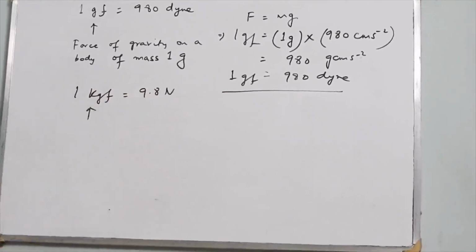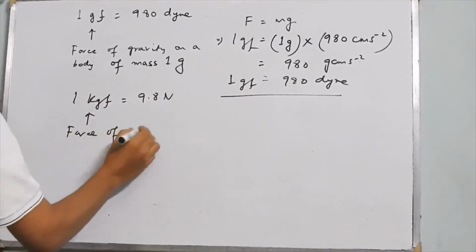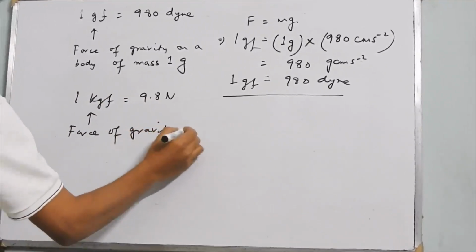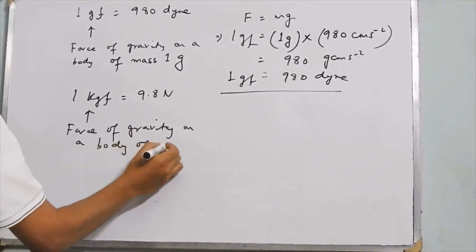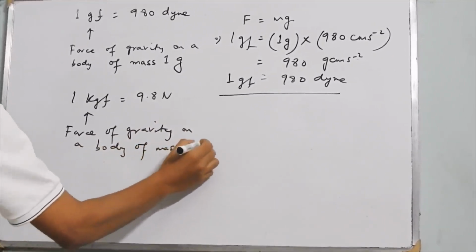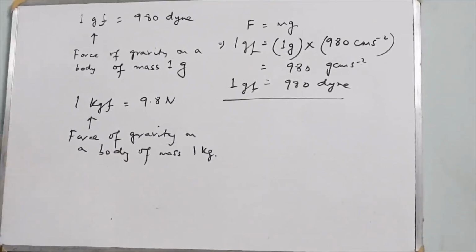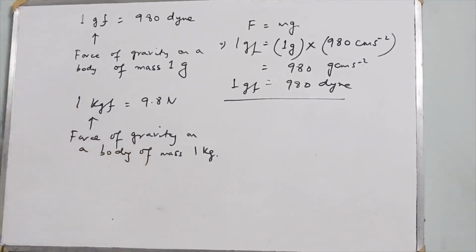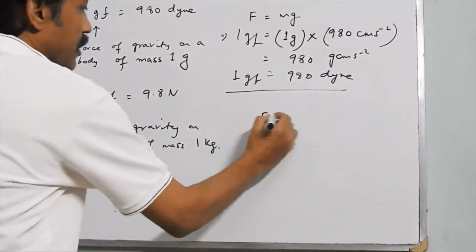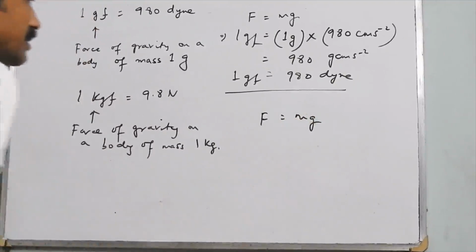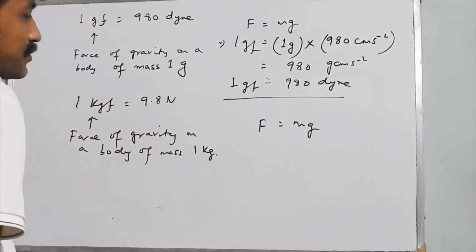Now what is 1 kgf? It is the force of gravity on a body of mass 1 kg. So if there is a body of mass 1 kg, the gravitational pull on that body is said to be 1 kgf. Now why is 1 kgf 9.8 Newton? Again we apply the formula F equal to mg. Force of gravity is equal to mass into acceleration due to gravity.